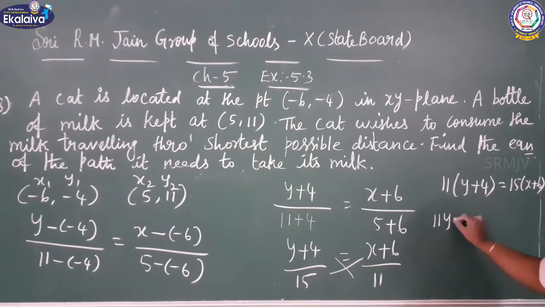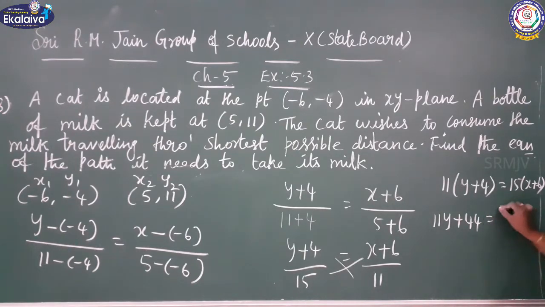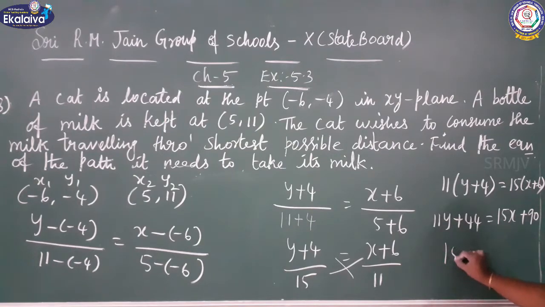So 11y plus 44 equal to 15x plus 90. Keep the x value on this side: 15x plus 90 minus 11y minus 44 equal to 0.